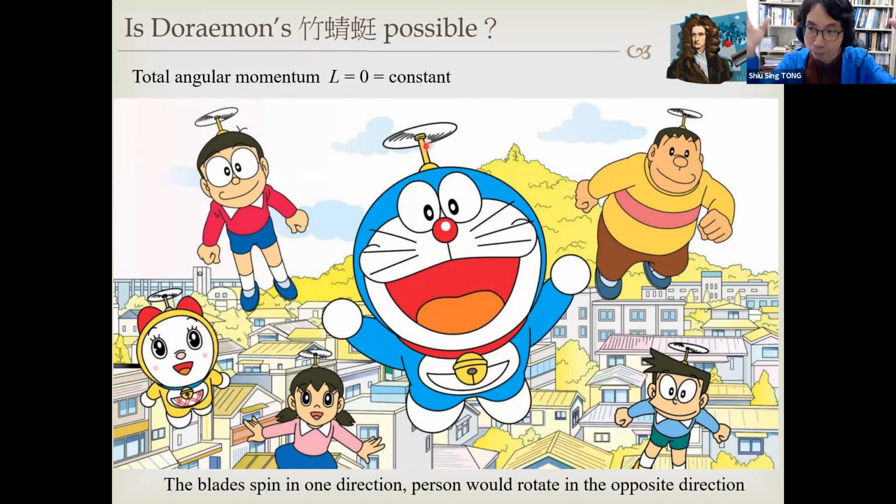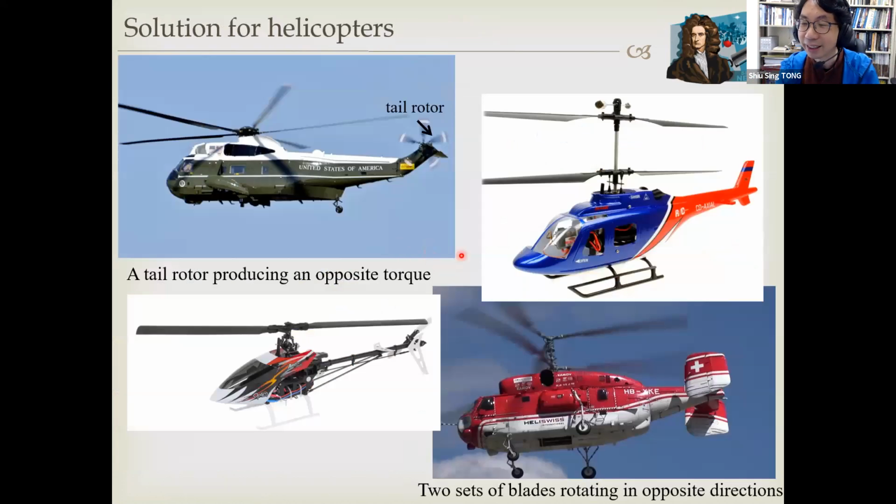Even if you have a very big Zhuqingting, that is not possible. Now, how do helicopters cope with that? A helicopter has a tail rotor, and the tail rotor produces a torque to counterbalance this effect. If the blades rotate in an accelerated manner, then the body of the helicopter will tend to rotate in the opposite direction.